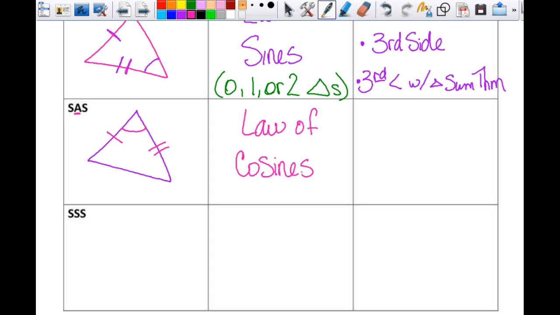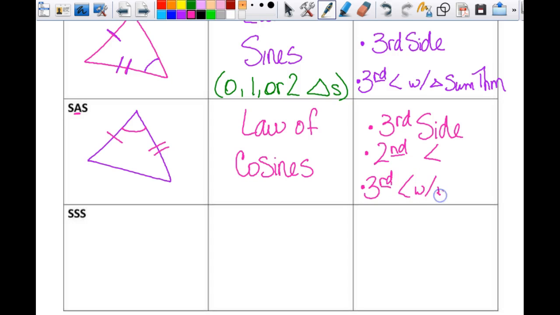And we're going to use the law of cosines to find the third side. Second angle. And then the third angle with the triangle sum theorem again. Ooh. Right. Triangle sum theorem.